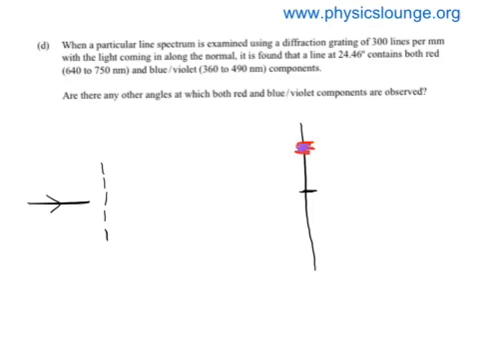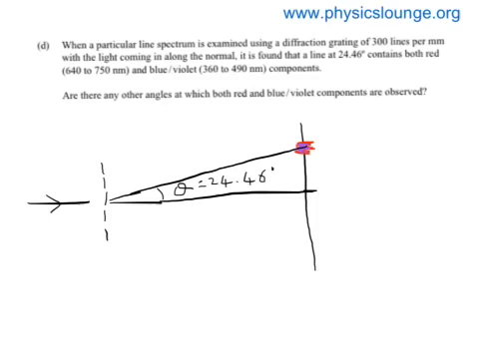So red and blue-violet on the same section. We're told what angle that is, so I'll draw in the angle theta from the center line, which is 24.46 degrees.